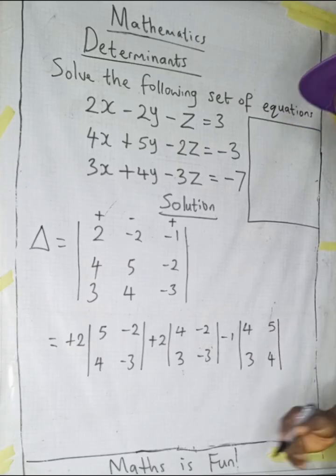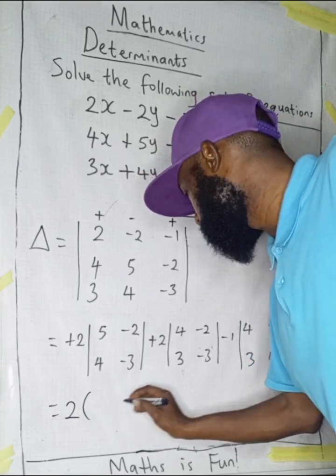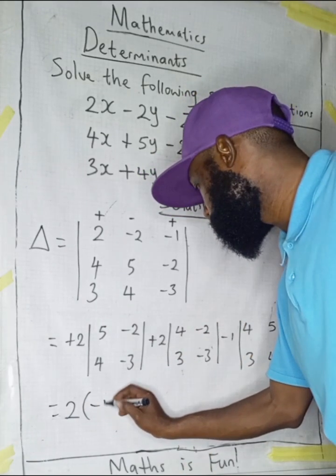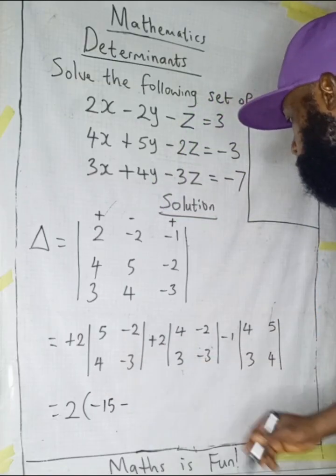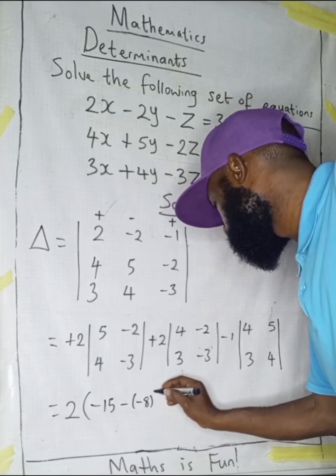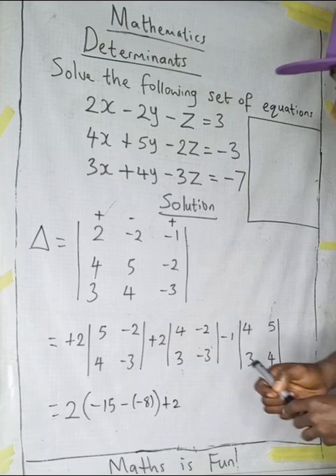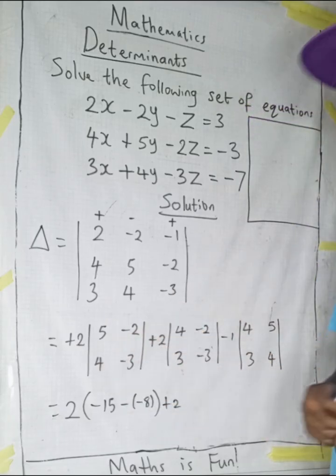So let's continue. This will be equal to 2. What do we have in here? 5 times minus 3 is minus 15, minus 4 times minus 2 is minus 8. Then plus 2. So let's check again. This minus 15, minus, multiply this way, minus 8.